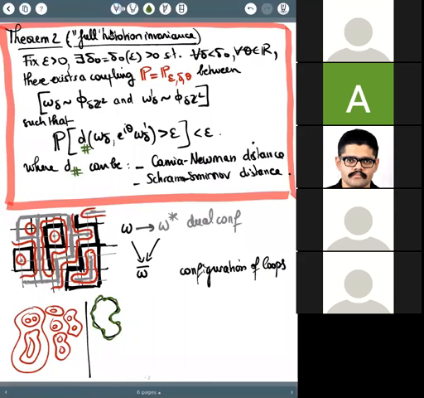It cannot be that the primal and dual configurations both have an infinite cluster. So it's impossible that you have an infinite loop, an infinite path. All loops are going to be closed. It's necessary at any p, in fact. So it's a good question, and this is the answer.